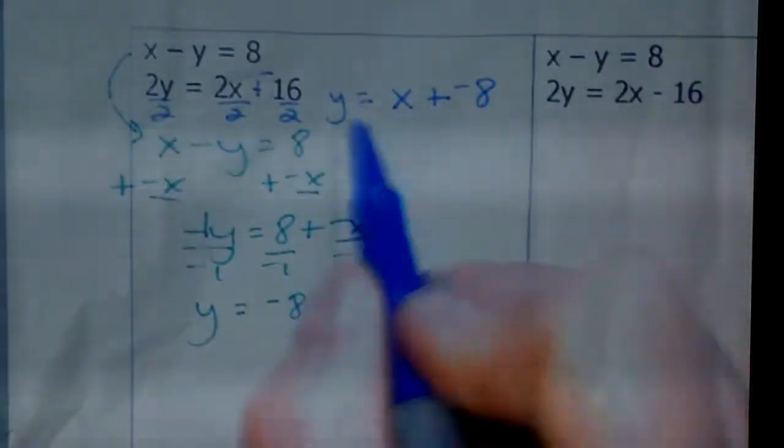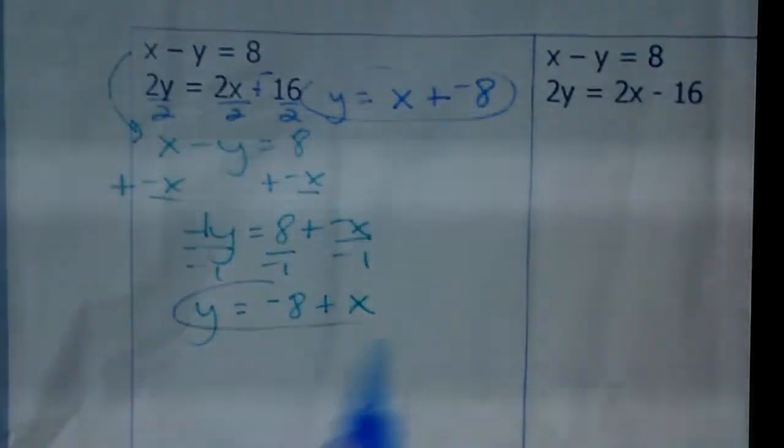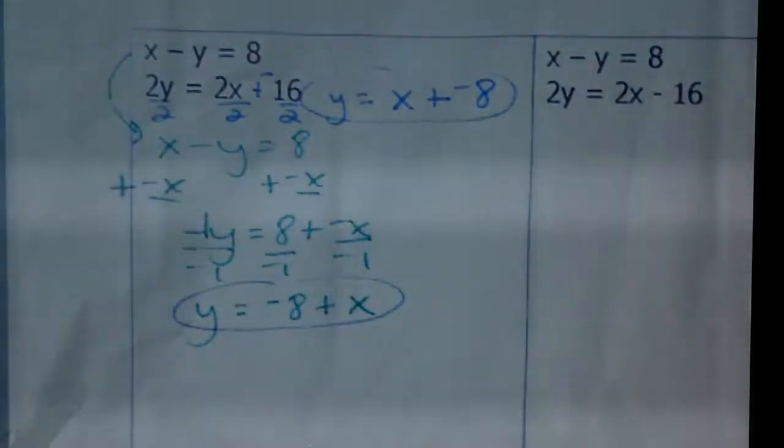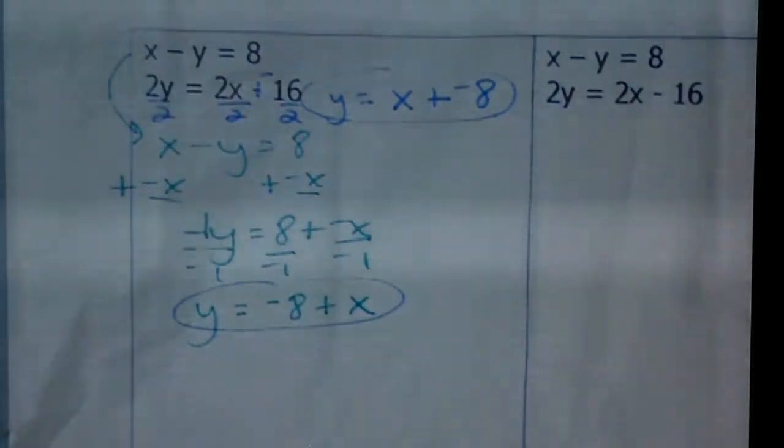So I get y equals x plus negative 8, and y equals negative 8 plus x. Commutative property says those are the same exact equations. If you recognize at this point that they have the same slope and the same y-intercept, this means there's going to be infinitely many, then you can go ahead and write down infinitely many. Otherwise, you're going to catch it when you graph it.